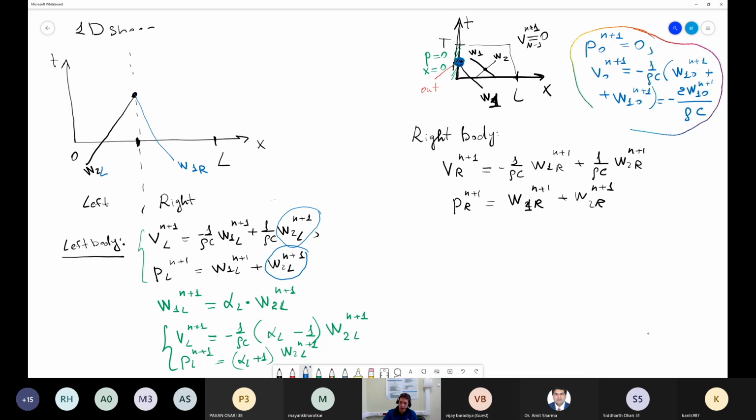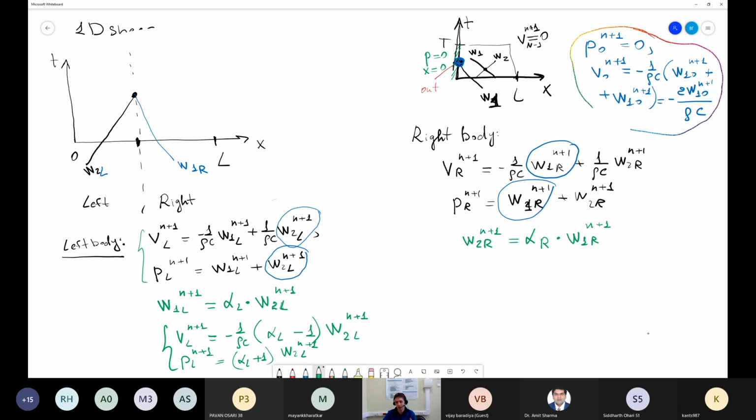Let's look. We can calculate W1 right. This value and this value. Again, let's write that W2 right n plus 1, this is a scalar real value, is equal to alpha with the subscript r, this is another, not the same, scalar real value, multiplied by W1 right n plus 1.